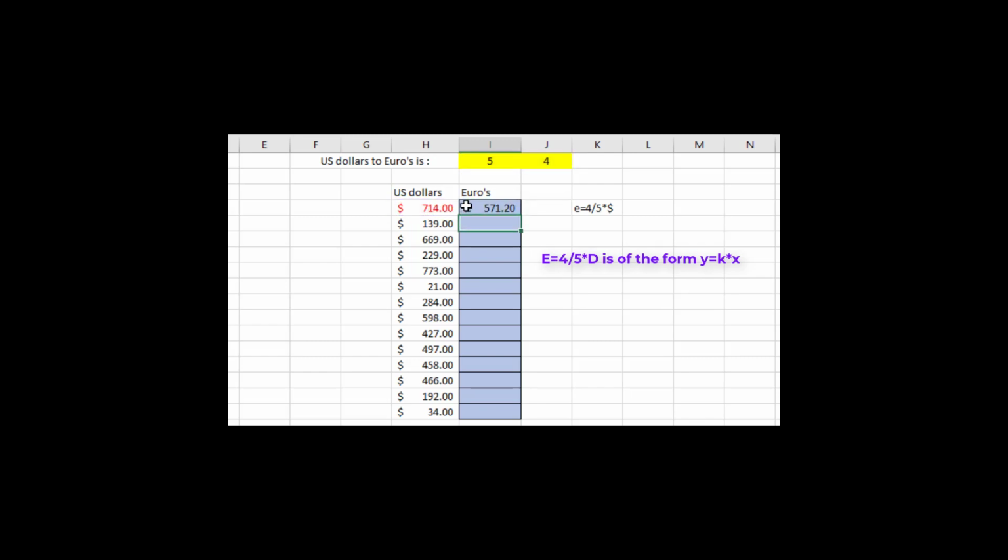And I changed the insignia to euros here, which you can do up top. Now you just drag it down. And so this is how it's going to work. You're not going to sit there and cross multiply and divide every time you might make a conversion. That's why this basic formula, y equals kx, where k is the constant of proportionality, can be useful.